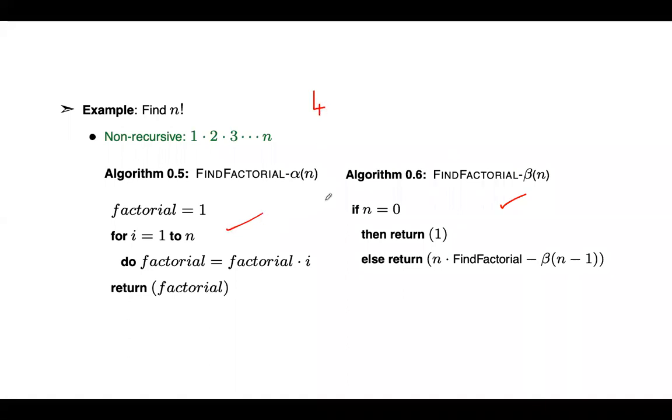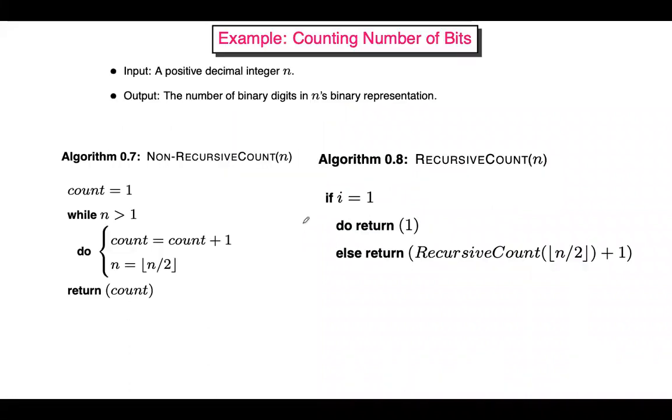For this non-recursive algorithm, you have to compute the efficiency. For the number of binary digits in the given decimal number, we have done it, and this is assignment number 5, that counting binary digits can be done recursively. So this is the recursive algorithm. For recursive also, you have to do it.